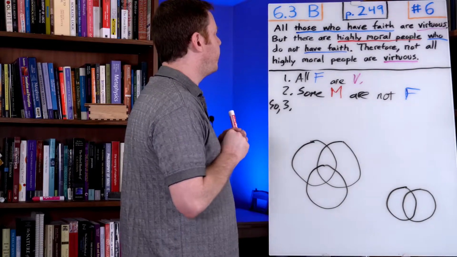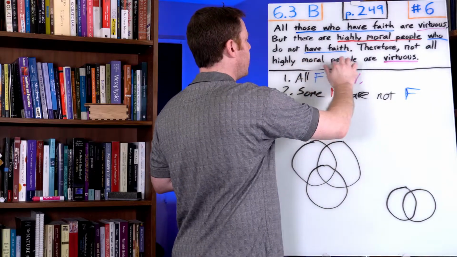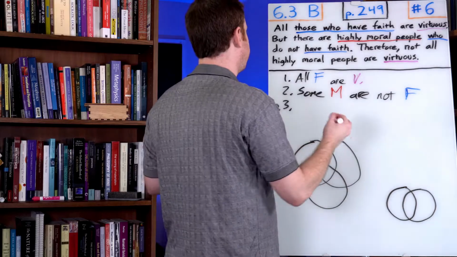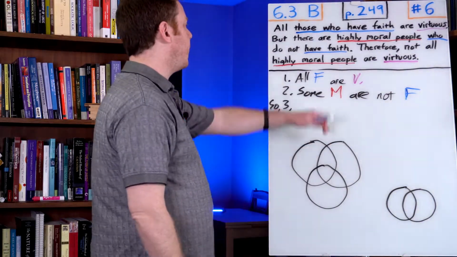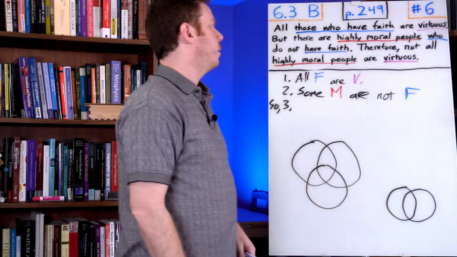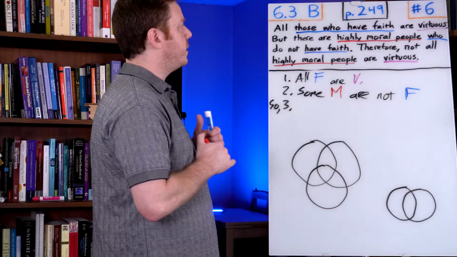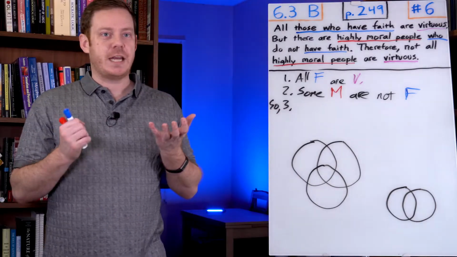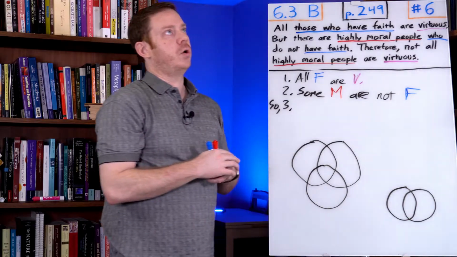Now, the final sentence here: not all highly moral people are virtuous. So we got highly moral people and virtuous. And it's saying not all of these people are virtuous. So not all. What does that mean? Well, we have all in there, so it seems like an A statement, but it's also not all.